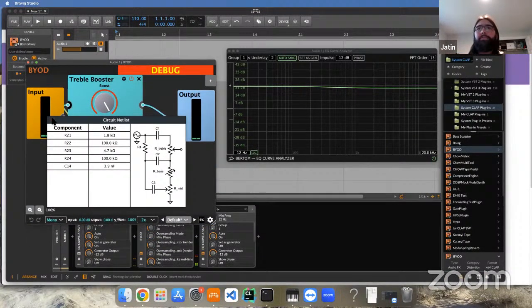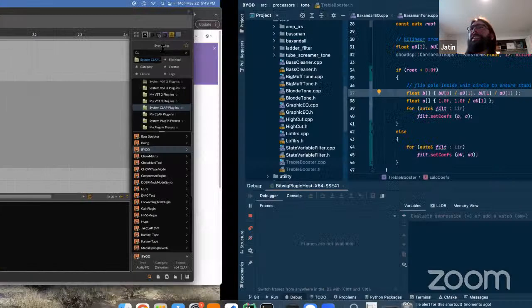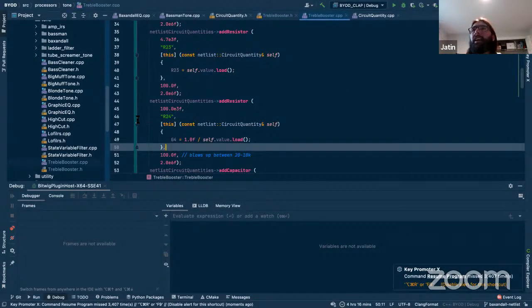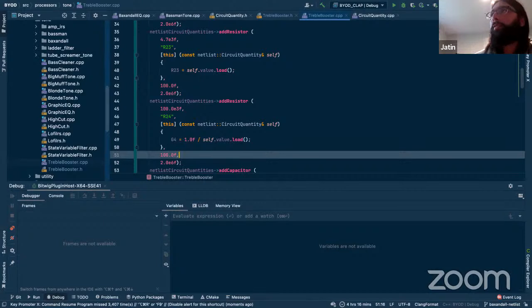Cool, yeah. So there we go. Now we've got a netlist view for the treble booster, except we have the wrong circuit schematic. So let's go and do that real quick. It won't be too bad. And yeah, so we can now get around our treble booster circuit without having blowups.